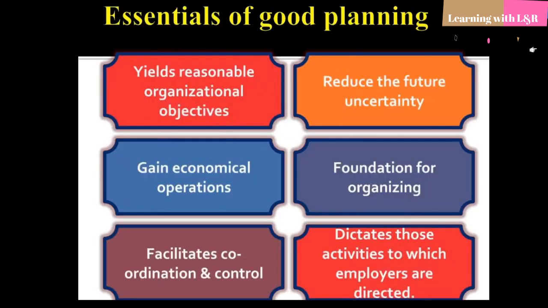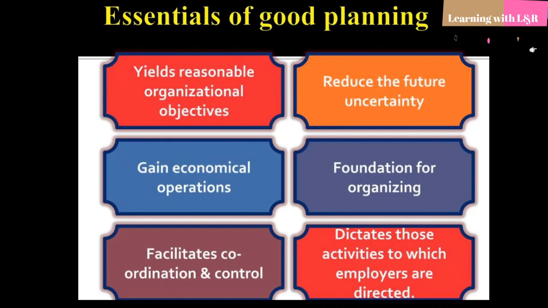Right? Then essentials of good planning. What kind of things are more needed in good planning? First one, yields reasonable organizational objectives. You have good objectives to achieve something. Then reduce the future uncertainty. When you make the objective, then you have to think about the future too, so that future uncertainty will be reduced.